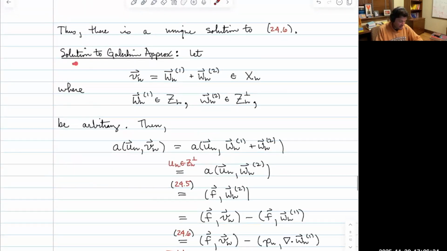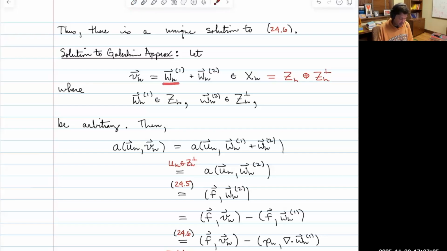So now we're going to put those together to produce the Galerkin approximation. In our Galerkin approximation, our test functions were from XH. So I'm going to take an arbitrary test function and break it into its orthogonal decomposition, which is guaranteed for us because we're in this finite dimensional space XH. Remember, XH was what we said it was, ZH direct sum ZH perp.